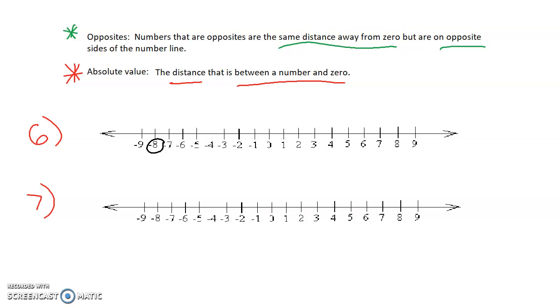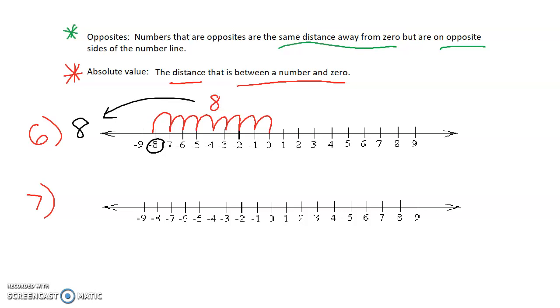So let's find the distance between negative 8 and 0. Starting at negative 8, we're going to go 1, 2, 3, 4, 5, 6, 7, 8. That is 8 spaces away from 0. So the absolute value of negative 8 is going to be 8.